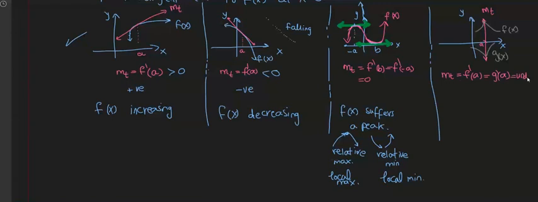Its slope is undefined. You remember that the vertical lines, we said they have no slope. And in that case, we will say that f of x also suffers a change of behavior, but in a sharp way, not in a smooth way like the other one.